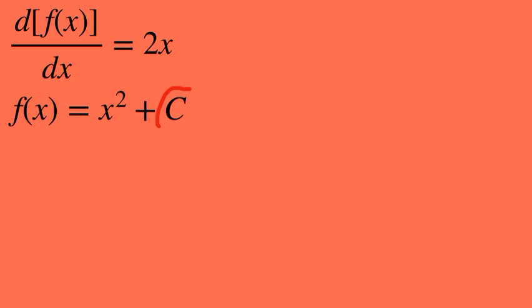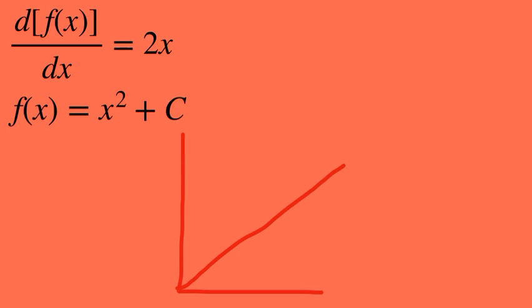So a constant doesn't change, so its derivative is 0. So that's like saying if you have the same line with different y-intercepts, they'll still have the same slopes, right? The slopes are completely independent of those y-intercepts.